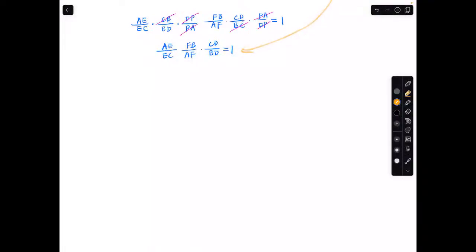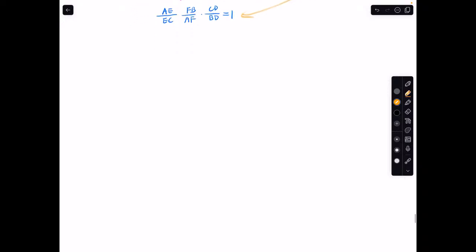We claim that the three median lines of a triangle are concurrent.